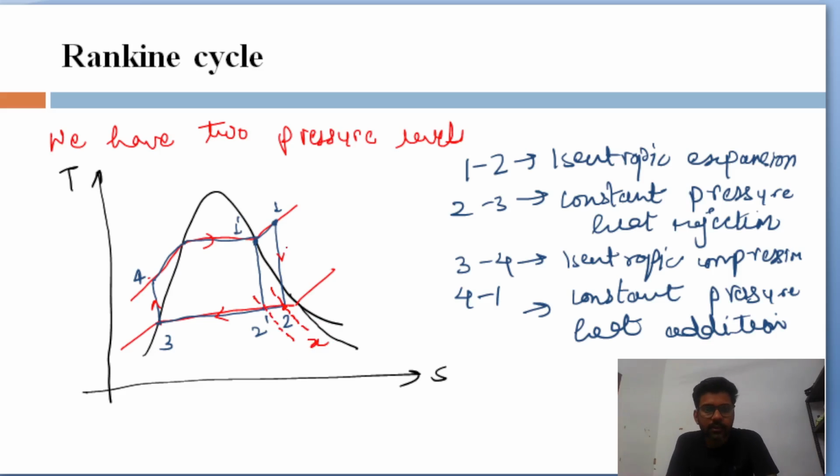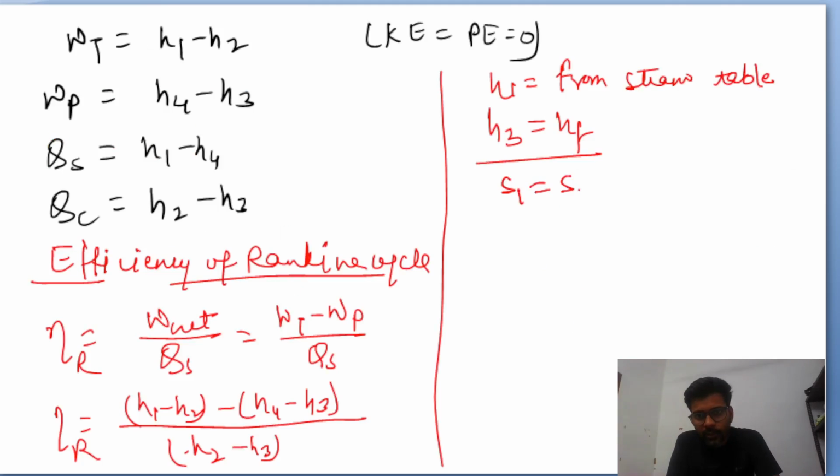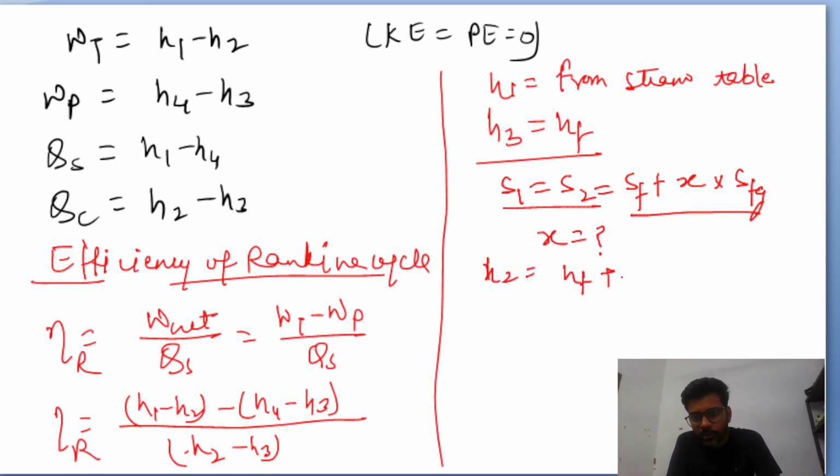To calculate the dryness fraction, we have to equate the entropy, because entropy at 1 and 2 remains the same, because process 1 to 2 is isentropic. So we equate S1 and S2, and S2 can be written as SF plus X into SFG. So from here we can calculate the dryness fraction, and when we calculate the dryness fraction, then we can calculate H2, that is HF plus X HFG.